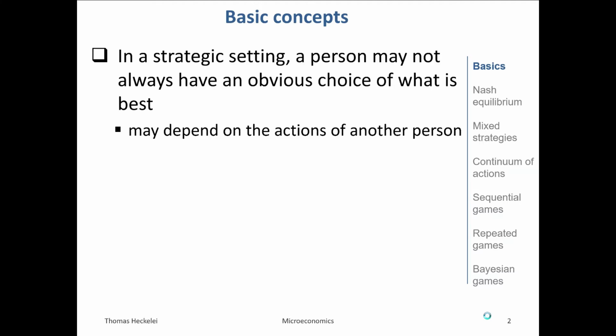That's also called a strategic setting, in which everyone may have different objectives, different expected outcomes, maybe conflicting with each other, which makes it not obvious what is the best choice to do, because the outcome for you, the consequence for you, will depend also on the actions that the others want to take according to their interest.